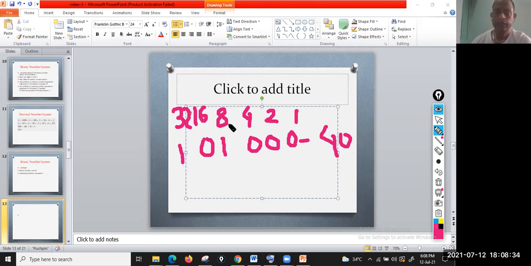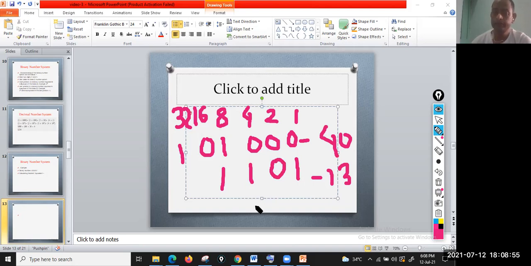How can we write down 13? Just see, 8 plus 4 is 12. We cannot take 2, so we put 0 in all the rest, 1 for the remaining 1, and simply this is 13.